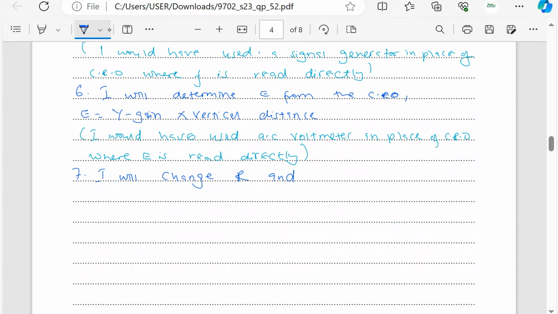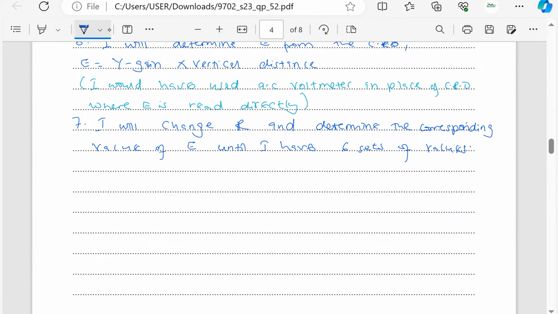I will change R and determine the corresponding value of E until I have 6 sets of values.